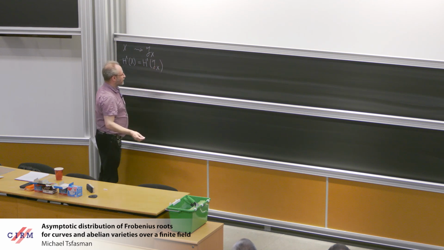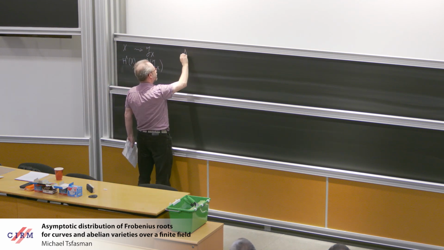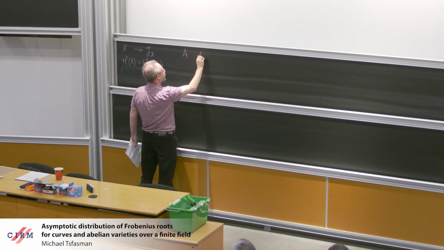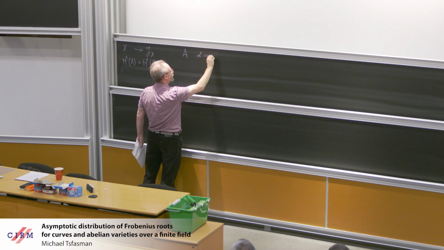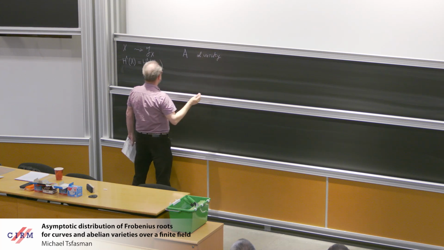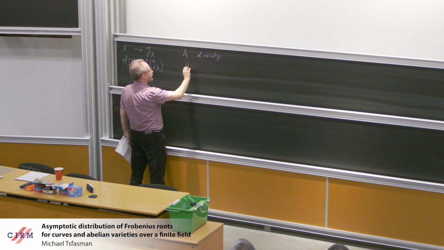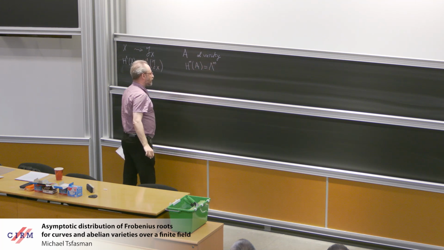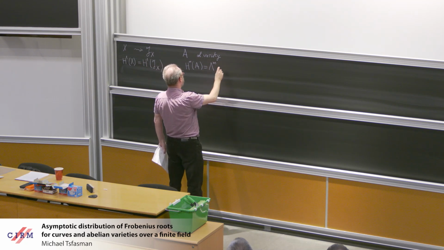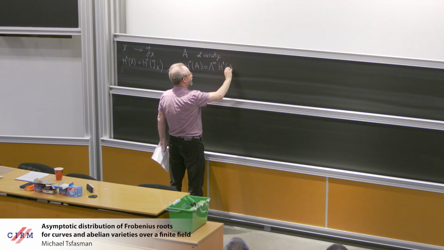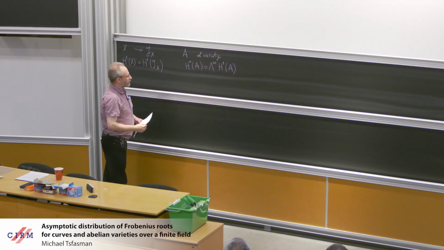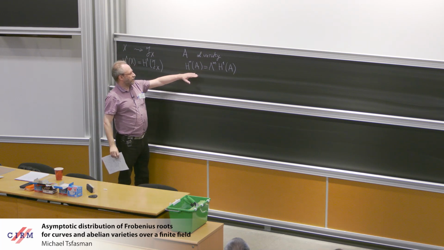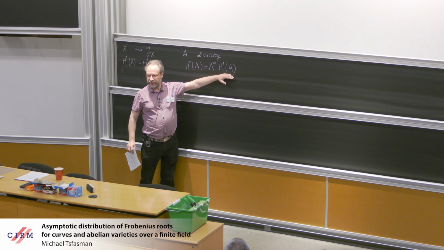And also, if I take an arbitrary abelian variety A, then I know that H^m of A is just the exterior power, the wedge^m of the first cohomology of A. For abelian varieties, that shows us that it's enough to know the first cohomology to know everything.